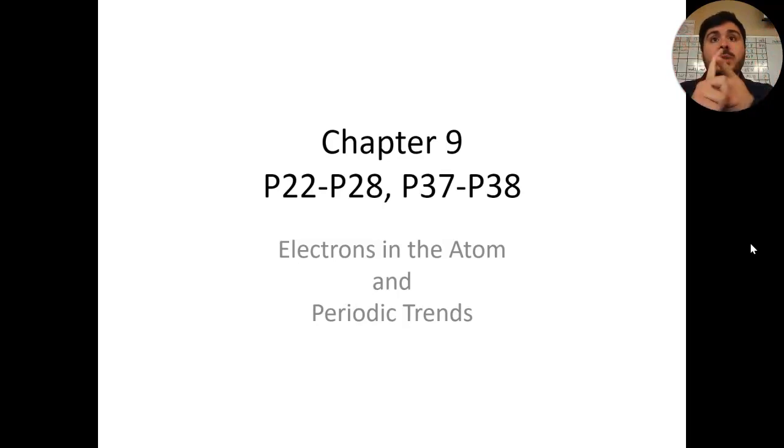We talked about protons, we talked about neutrons, and we talked a little bit about electrons, okay? But that little bit of electrons was only talked about last chapter because this chapter, Chapter 9, talks a ton about electrons. And electrons are incredibly important throughout all of chemistry, and that's why we spend a lot more time talking about them in one chapter here as opposed to the previous chapter.